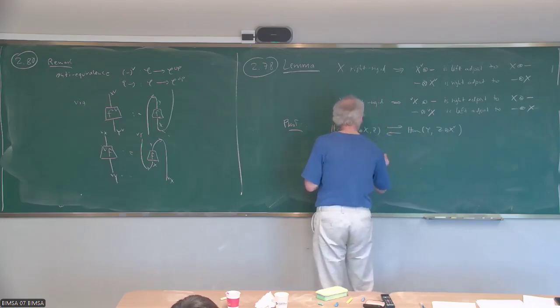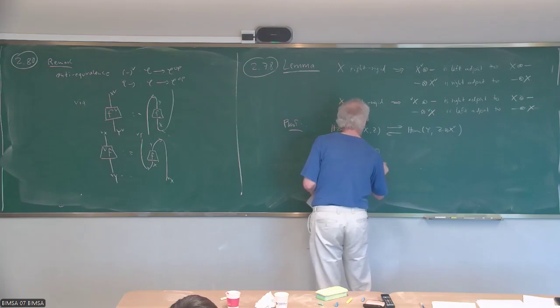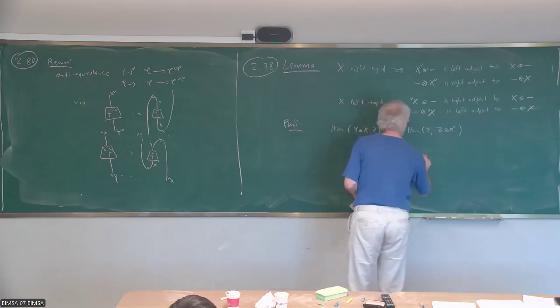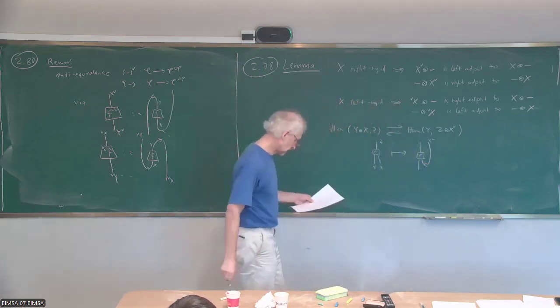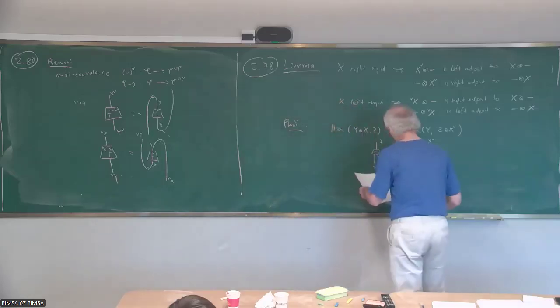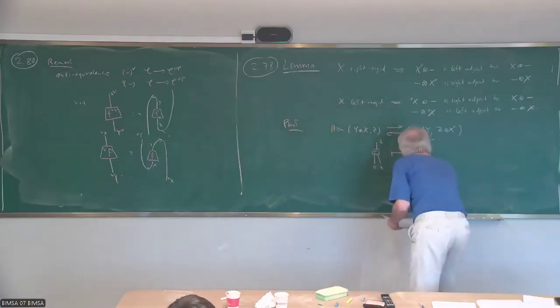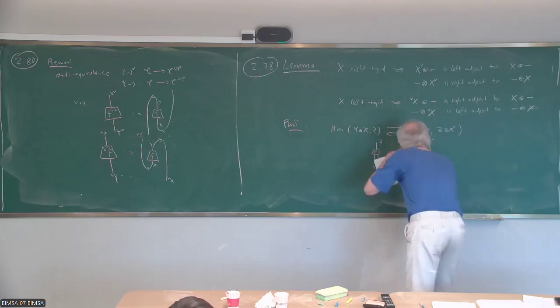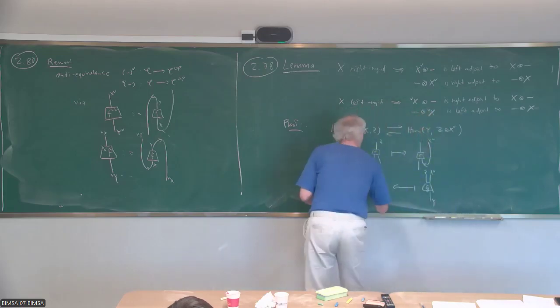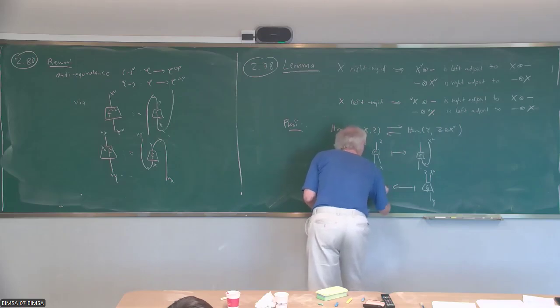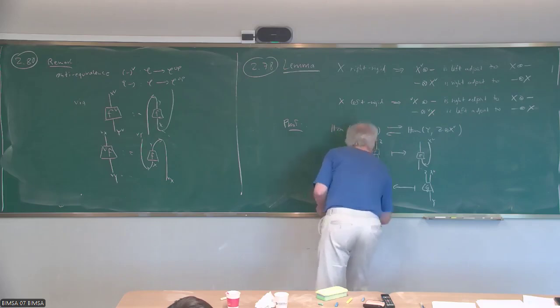We start with F going from Y tensor X to Z and map it to this, respectively, if we have a morphism on this side from Y to Z tensor X^∨, we send it to, again just using the right duality, then we have X here.